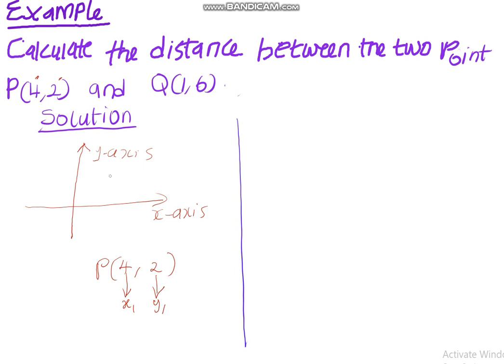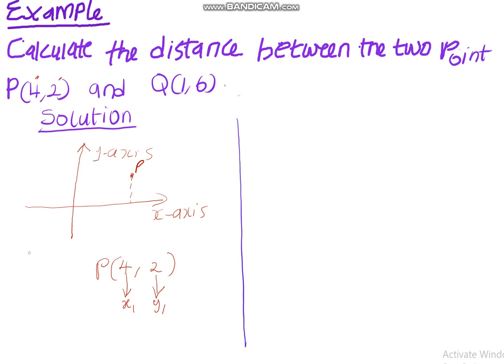So in this two-dimensional coordinate system, you can have 2 points P, point Q, and we are just asked to calculate the distance between point P and Q. And if you have a point on this two-dimensional coordinate system, let's say P, as we have said, the first entry is from the x-axis, which we call x1, and the second entry is from the y-axis, which we call y1.